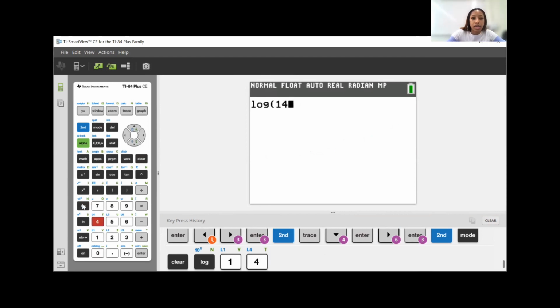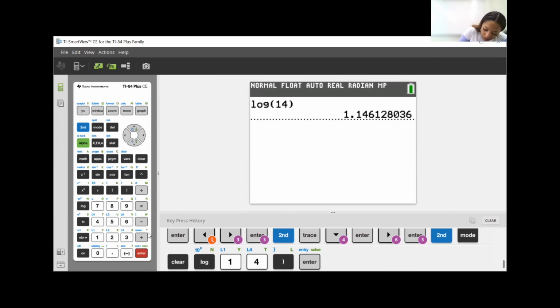We'll just type 14. You can close the parentheses and then hit enter. You'll get a decimal. We're asked to round our answers to 3 decimal places. So log of 14 equals 1.146. What does this mean? This means that if I take 10 and raise it to the 1.146 power, I get 14.